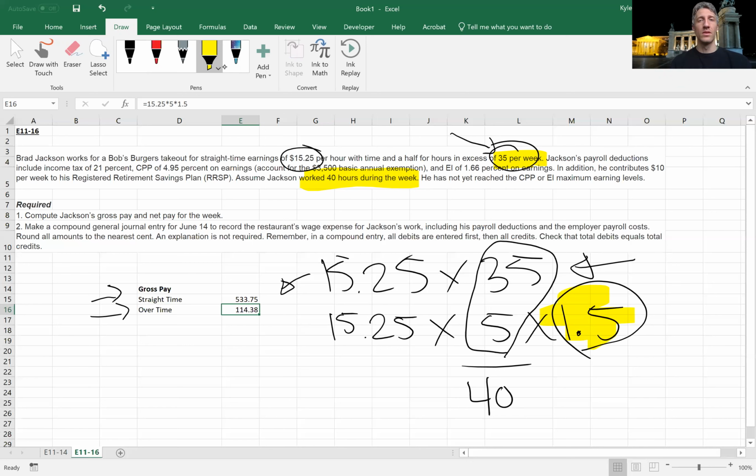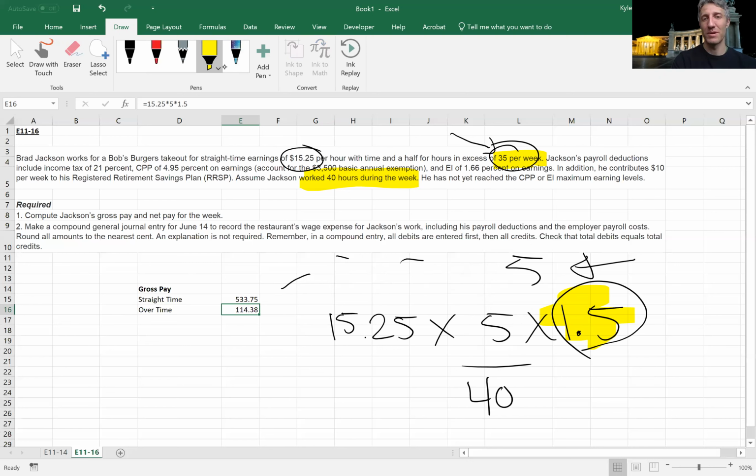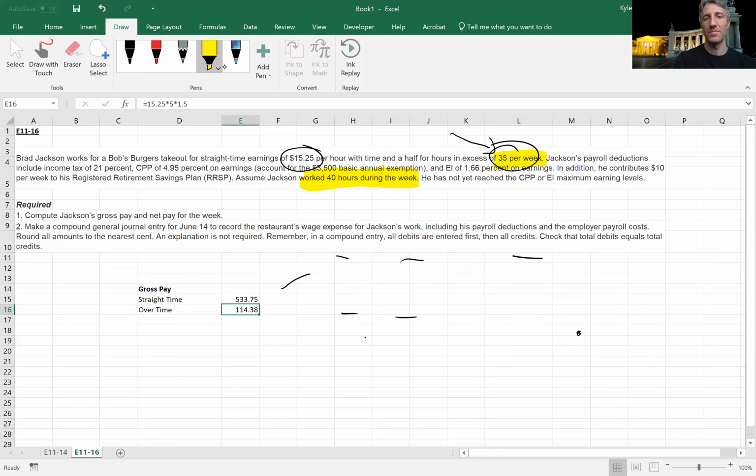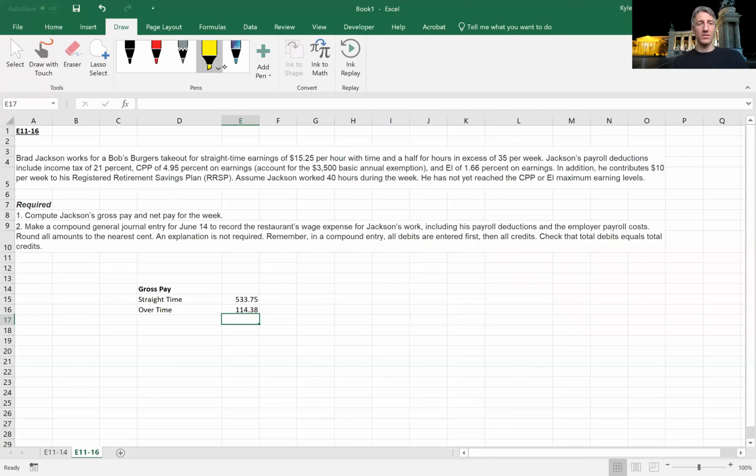Okay, so let me clean this up because this is already very messy. So just bear with me here. So now that we have both our straight time rate and our overtime rate, I'm just going to calculate what the total gross pay is.